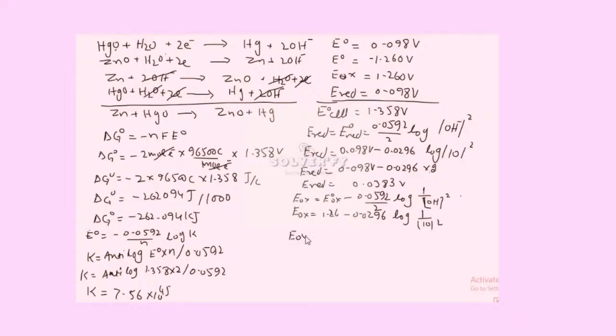So E oxidation is equal to 1.26 minus 0.0296, and log of 1 over 100 is equal to minus 2.